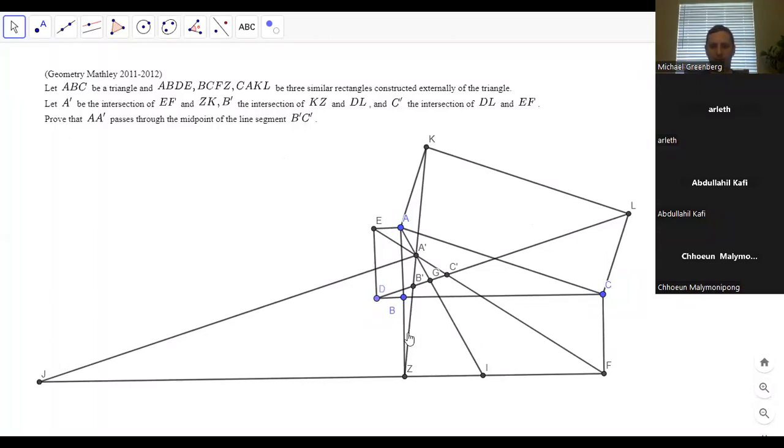And we draw B prime and C prime like this. So we let DL intersect KZ and EF, B prime and C prime. And we want to show that AA prime bisects B prime C prime. So I drew in these extra lines. I drew in point J. It wasn't there originally. I just thought it might be helpful, but I don't know for sure.